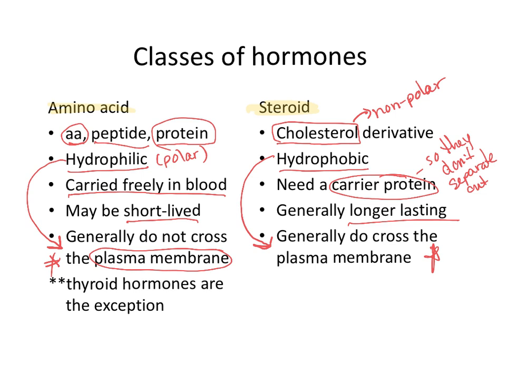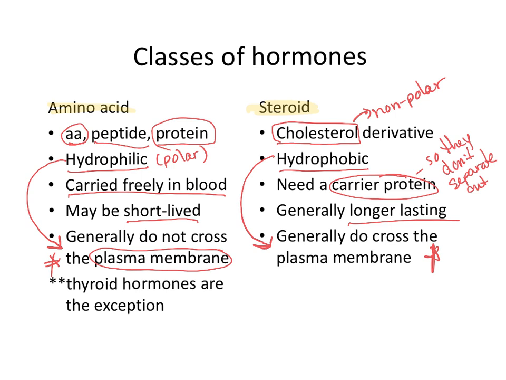A lot of them, a hormone is made, and then it's modified to become a different hormone. And then it's modified again to become yet a different hormone. So I think that's just kind of an interesting little piece. And it does have some relevance that you may talk about in the medical community, where if you can't make the first hormone, then you can't actually make the second one. It's a little complex, but it may be something you'll see a little later on.